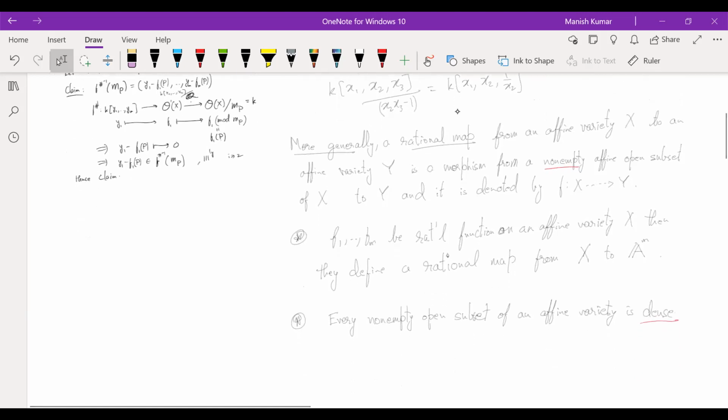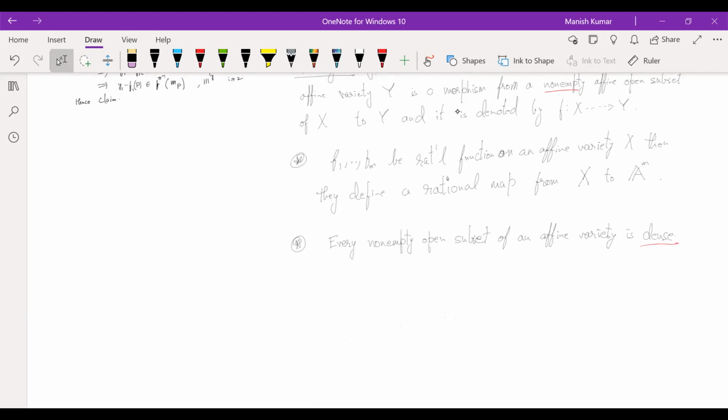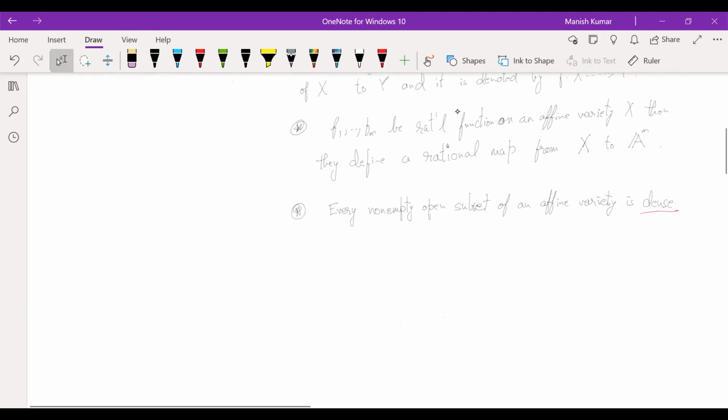Okay. So let's see why every non-empty open subset of an affine variety is dense in the Zariski topology. Of course, whenever we talk about open, dense, etc., we are looking at the Zariski topology. So why is it dense?